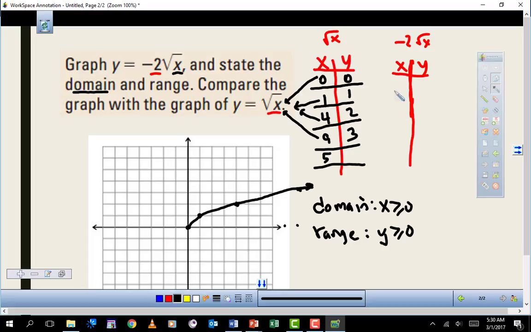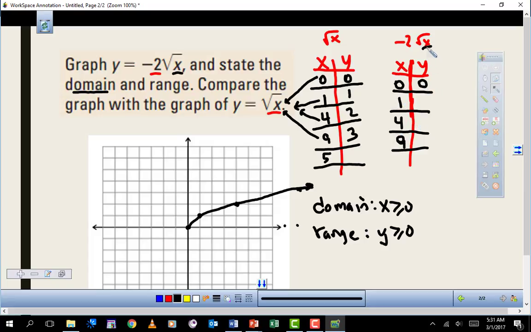Okay, so for this function here that we're doing, we'll basically use the same numbers because, like I said, these are easy square roots to do. So I would use 0, 1, 4, and 9. And we found out what the y values are for this portion. All we basically need to do is take these numbers and multiply it by -2. So if you take 0 and put it in here, you get 0, of course. And 0 times -2 is still 0.